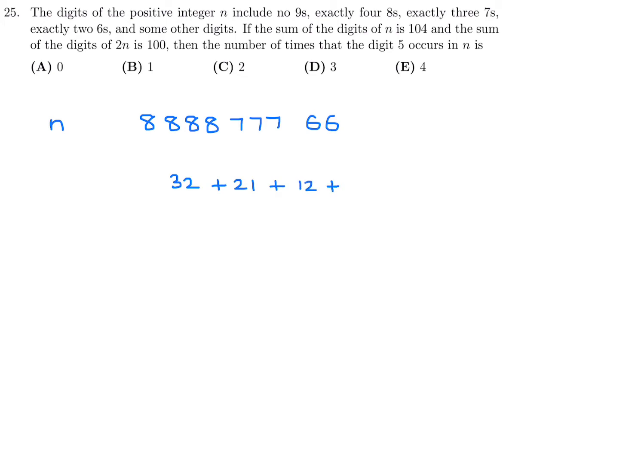And then some other digits, and I'll just represent the sum of those other digits as x. And they're saying all that equals 104. So if I do the math here, x has got to be 39. So that means these numbers, whatever they are, add up to 39. Okay, a lot of ways of doing that.